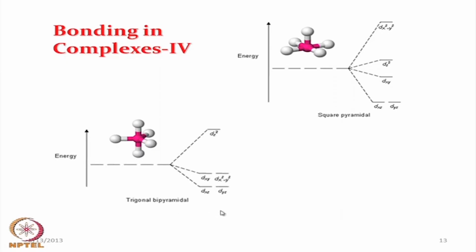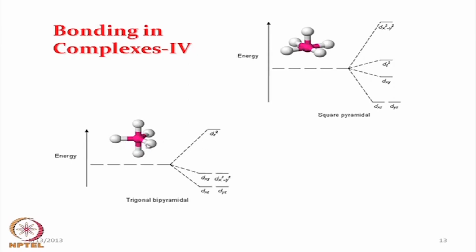So in this particular case, these 2 ligands are now facing dz square. Compared to this one, here it is directly facing, so dz square would be the most destabilized level, facing directly the 2 ligands in this direction.